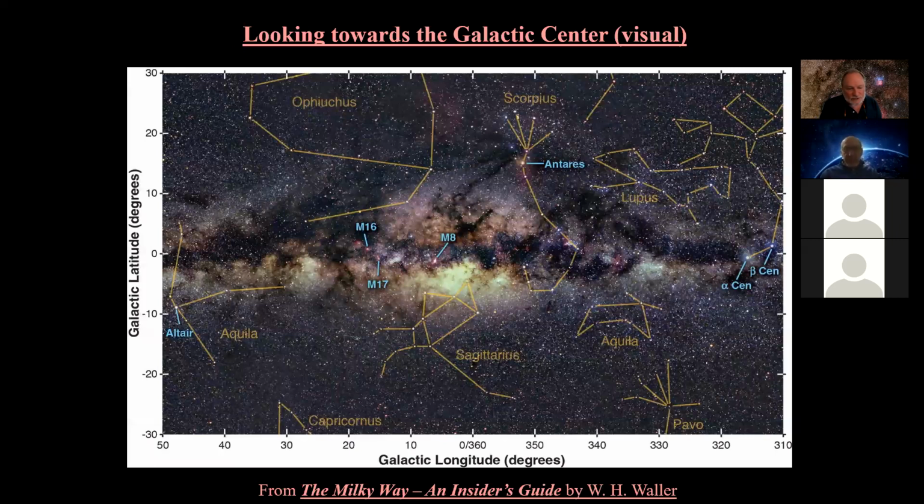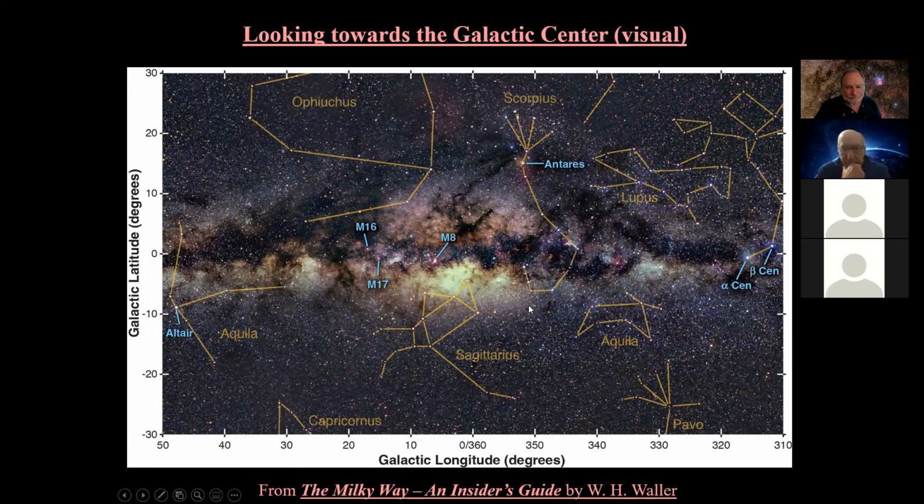So let's focus in on basically a 100 degree by 60 degree area centered on the galactic center. For the amateur astronomers, they're very familiar with the constellation of Sagittarius, the teapot, Scorpius, the scorpion with his little stinger.